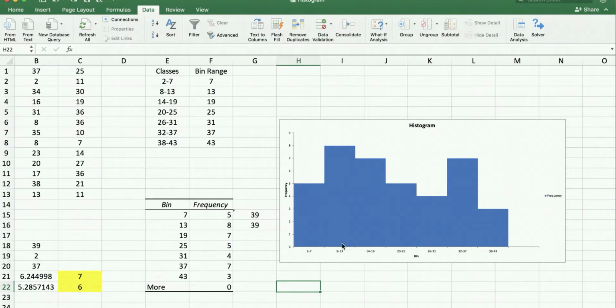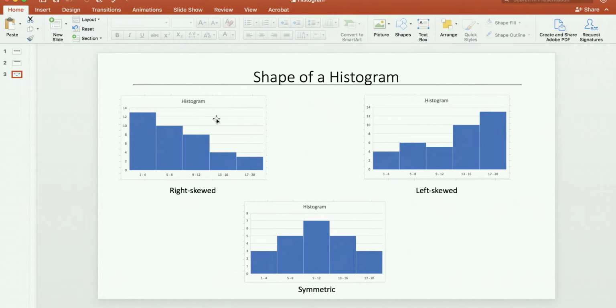So like, for example, 8 to 13, 14 to 19 seem to be dominating the entire histogram. And if you look at our general shapes that we could see, so if you have larger frequencies on the left, it's right skewed. If you have larger frequencies on the right, then it's a left skewed.